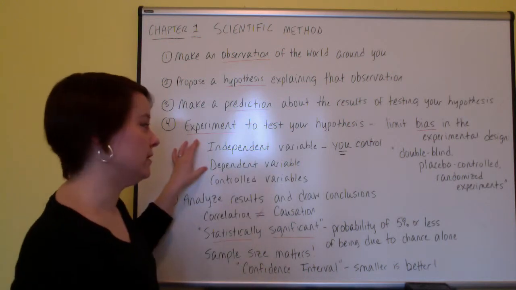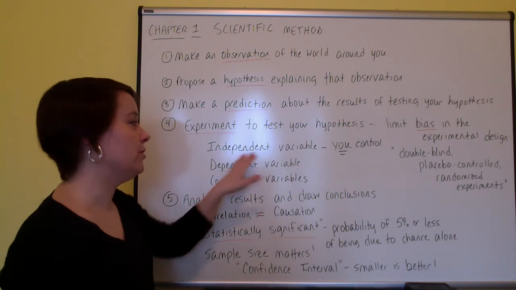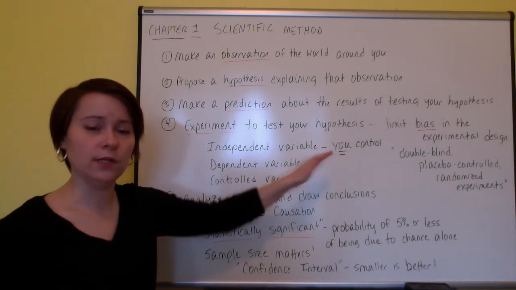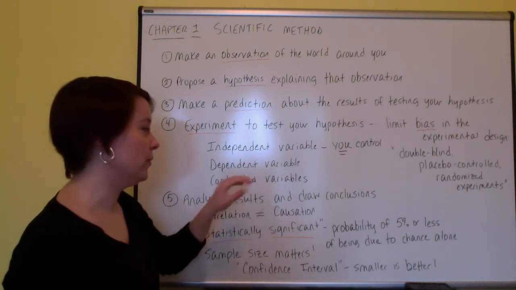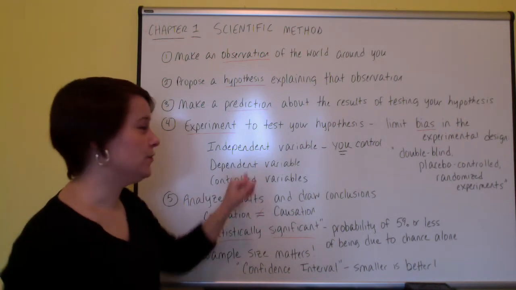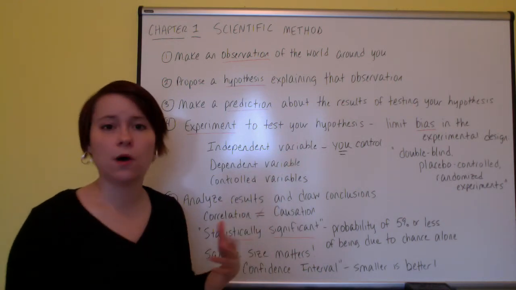The important thing about these variables is to remember that you should only have one independent variable in each experiment, because you're trying to show a link between the independent variable and the dependent variable. If you've got more than one thing that you've changed between the groups, then you won't know what's causing what.